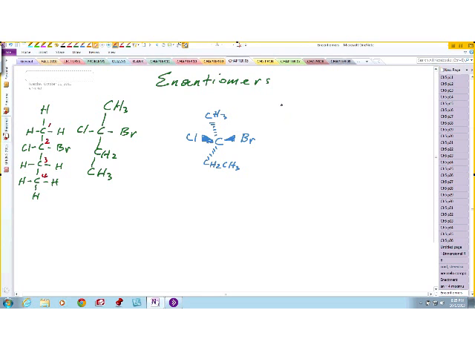Supposing I now place a mirror here. Imagine that I place a mirror here. I want to draw the mirror image of this molecule here. Bromine will be there.